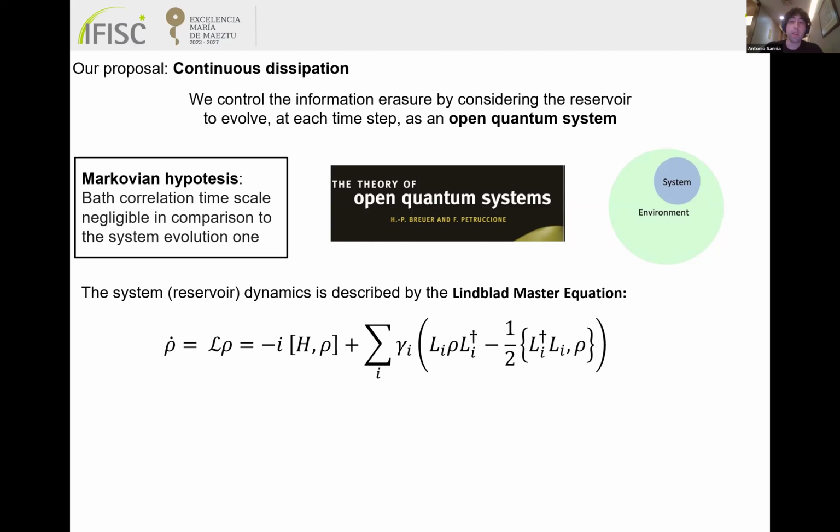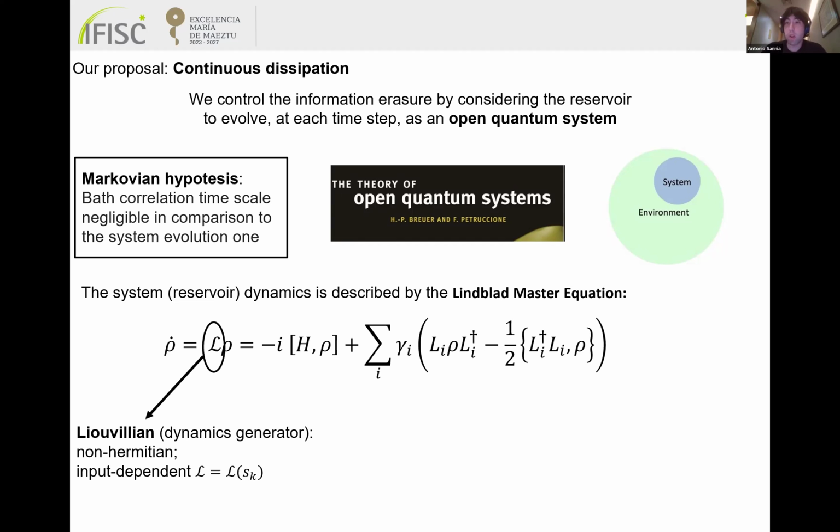Under this condition, we can describe, in a very general framework, the evolution of a system that now interacts with an external environment with the linear master equation. And now the evolution is generated not by the Hamiltonian but by a Liouvillian, which is a non-Hermitian superoperator.